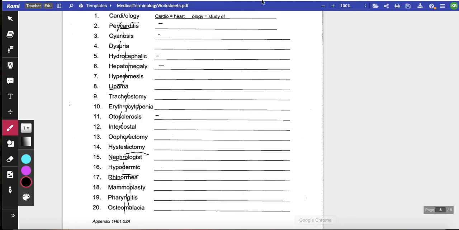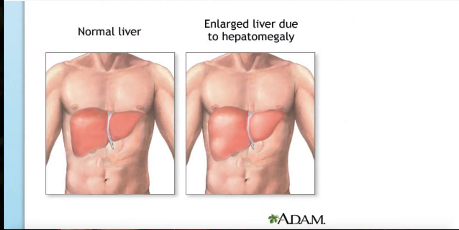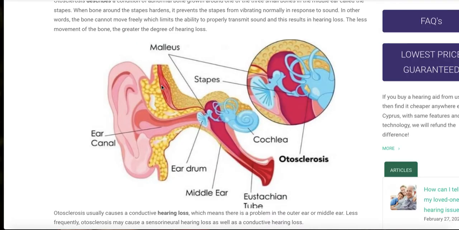And if you're wondering what this is, it is the most common form of why people have hearing loss. You have these 3 teeny tiny bones that live inside of your ear. The way that it works is you have sound that travels through the ear canal and then it rings on this eardrum.